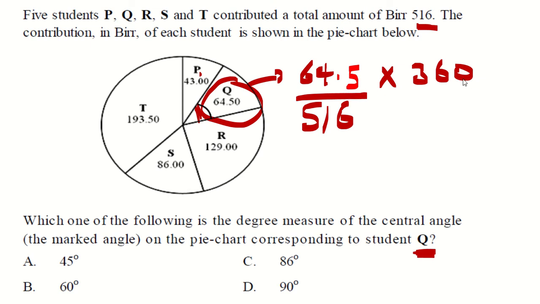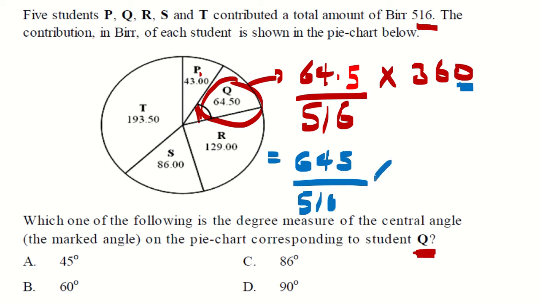When we are trying to simplify this multiplication, there is a 0 here, the last 0. When you multiply, the decimal will be removed. So what is left is 645 over 516 times 36. Nothing changed, only the decimal was removed because of the last 0 here. Then let's try to simplify.